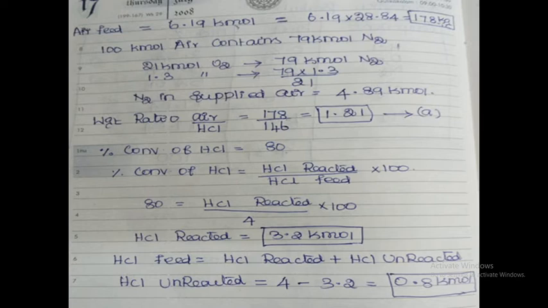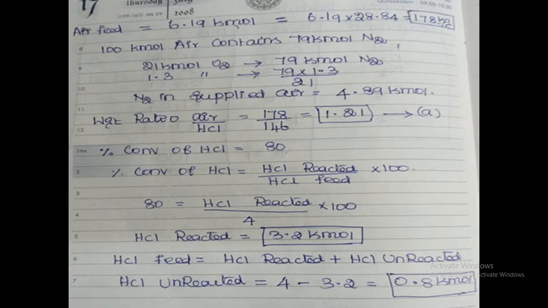Next we are going to calculate nitrogen in supplied air. Why? Because air contains oxygen plus nitrogen. Now we have the air value and oxygen in supplied air, so next we calculate how much nitrogen is in supplied air. As per the composition of air, 100 kilomole of air contains 21 kilomole of oxygen and 79 kilomole of nitrogen.